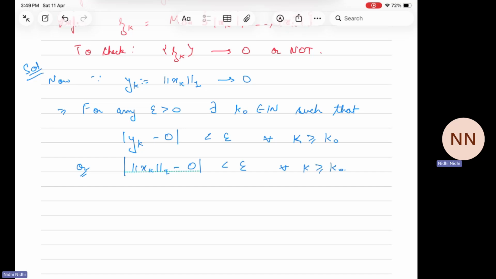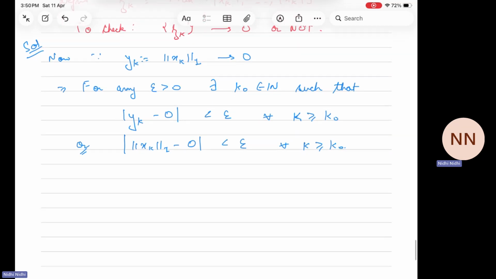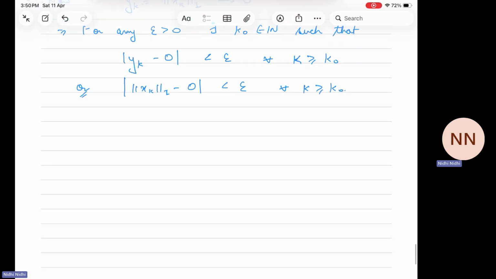Now, if you remember the last problem of the previous assignment, there we discussed some relation between the one norm and the sup norm. We will be using that.